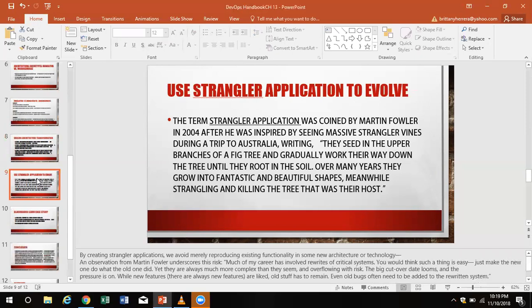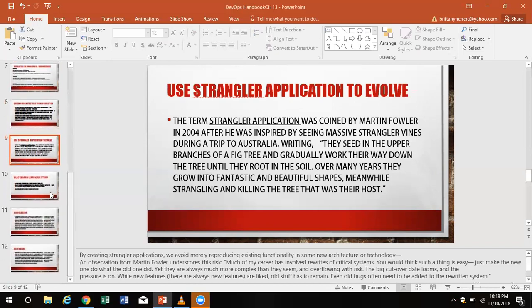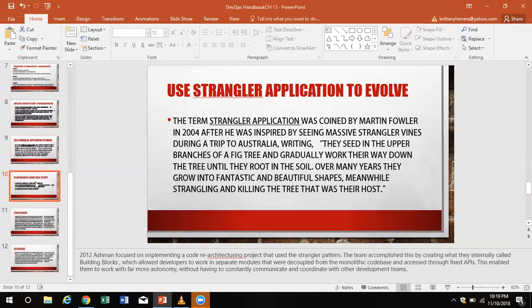Meanwhile, they strangle and kill the tree. So by creating these strangler applications, we avoid merely reproducing the existing functionality in some new architecture. Basically, we start at the branches, and then it ends up taking over the roots. I think that was a great explanation of how Mr. Fowler came up with this.